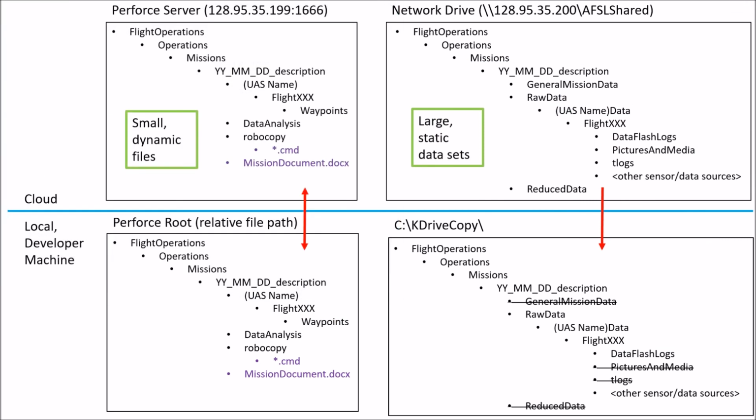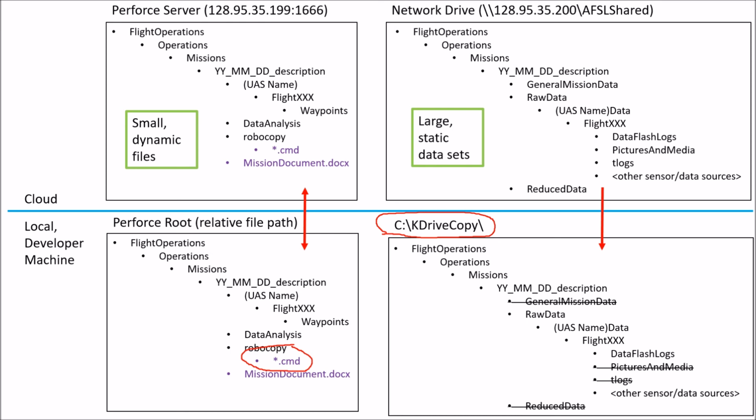So what I want to do now is use this Robocopy script from Perforce to download only the information I want from the network drive to a very specific location on my local machine. Namely, it's going to download the necessary and desired files to C:/K-drive copy. The reason it's called K-drive copy is because I've assumed that you've mapped the network drive to the K drive on your local machine.